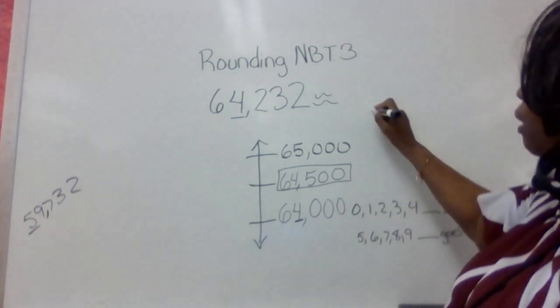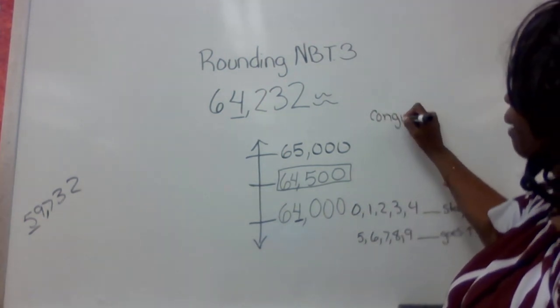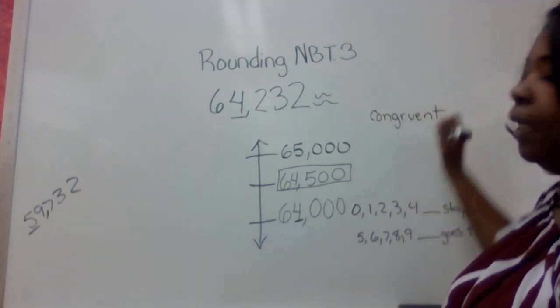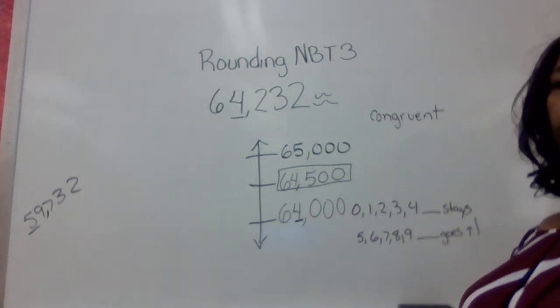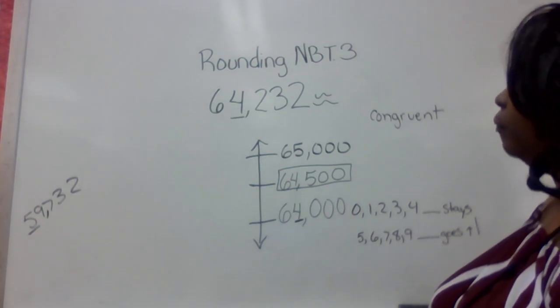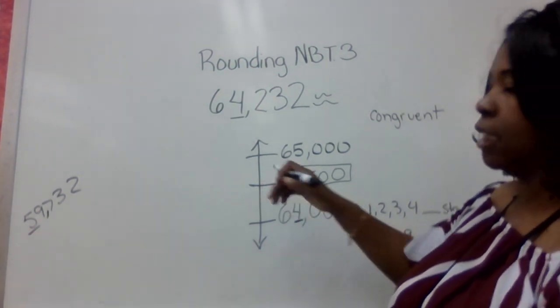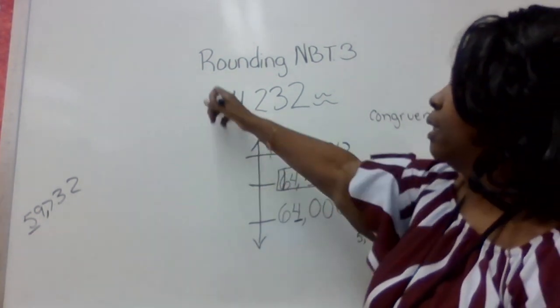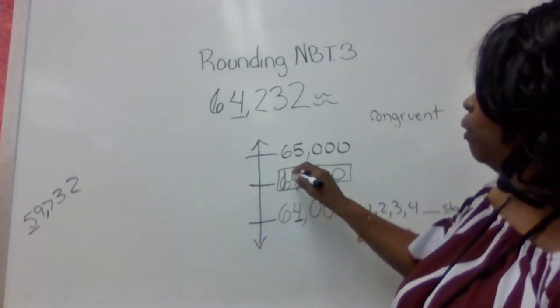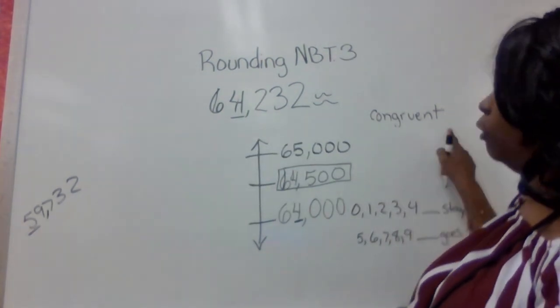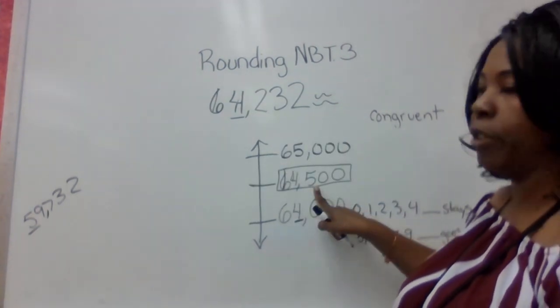So we're working on this here, and they're going to see this a lot in math all the way up through college, and that word is congruent. That means same, equal. We talk about the word equivalent as well. So this 6 and this 6, because we're comparing, are congruent. This 4 and that 4, congruent. 2 and 5, which is larger?